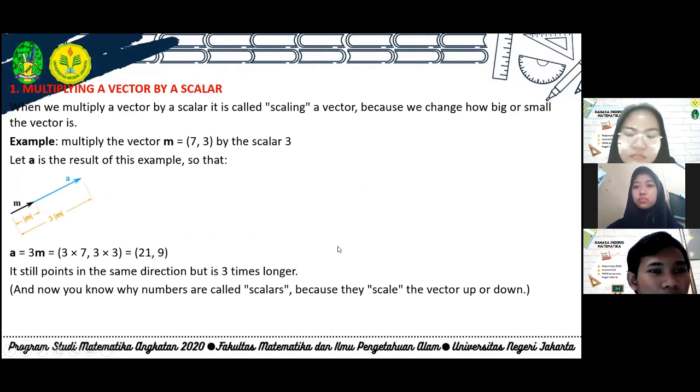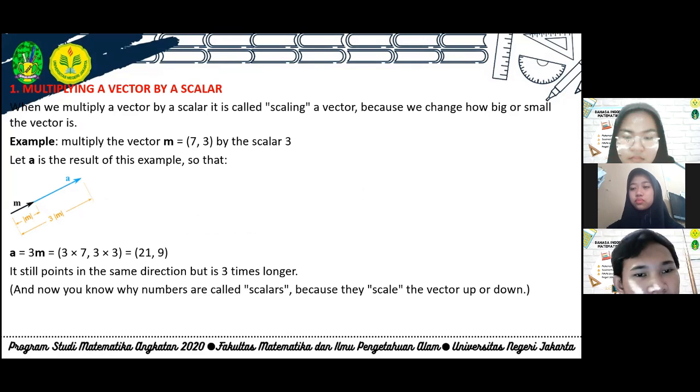Next is multiplying a vector by a scalar. When we multiply a vector by a scalar, it is called scaling a vector because we change how big or small the vector is. Example, multiply the vector m equal to 7,3 by the scalar 3.